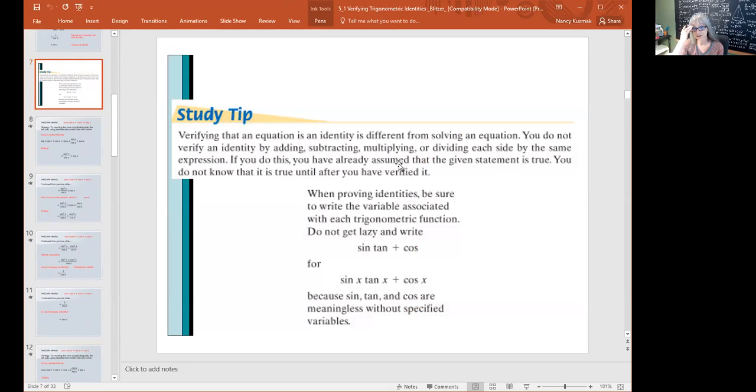Verifying that an equation is an identity is different from solving an equation. That's so true, and that's why we're leaving one side. You do not verify an identity by adding, subtracting, multiplying, or dividing each side by the same expression. This is not like the addition property of equality where we add to both sides, or the multiplication where we multiply something by both sides.